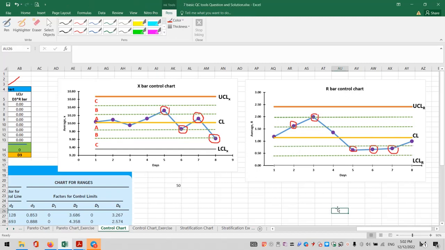Yang ni pun out of control juga. Kalau ikut ni kita tengok dia pun 1, 2, 3, 4. Still consecutive juga ni. Berterusan. Memang kita kata dia dekat dengan central line. Tapi dia masih lagi duduk di region A. Ni kan. Yang ni.